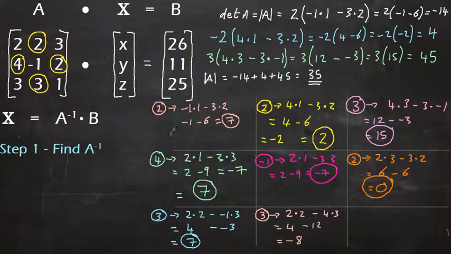But because it's one of the ones we need to change the sign of, the actual cofactor is going to be plus 8 or positive 8. And finally, third row, third column, the cofactor of this little element 1, 2 times minus 1 take away 4 times 2, which is equal to minus 2 take away 8, which is actually minus 10.